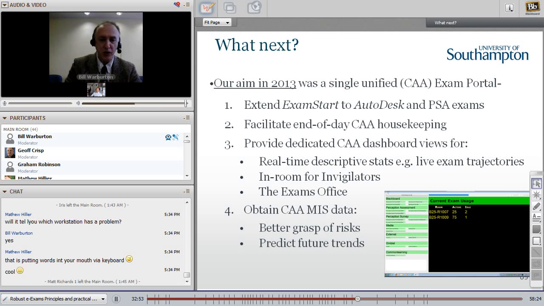So last year was the first full year that we ran the EXAMSTART portal for all the university's computer-based exams, and our ambitions at that point were to extend the use of this portal to Autodesk. You may be aware of the AutoCAD products, for example, and the prescribing safety assessments, which Graham's already shown you.